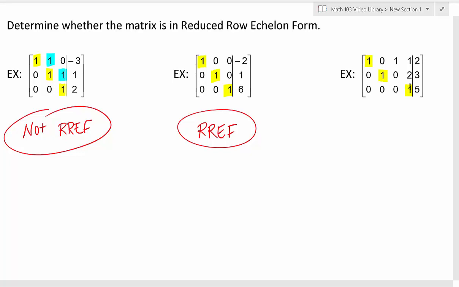Also true. And characteristic 4 says every column containing a leading 1 has zeros both above and below those leading 1s. You'll see here in our fourth column, we do not have zeros above that leading 1. Therefore, this is not in reduced row echelon form.